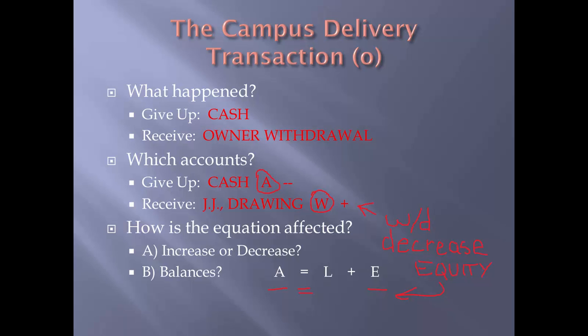So I have a plus next to drawing, and a minus next to cash. Now owner withdrawals is an equity account. So I have to ask myself, how do withdrawals affect equity? Withdrawals decrease equity, so I have to put a minus under the equity. Now I have a minus under assets and a minus under equity, and my accounting equation balances.